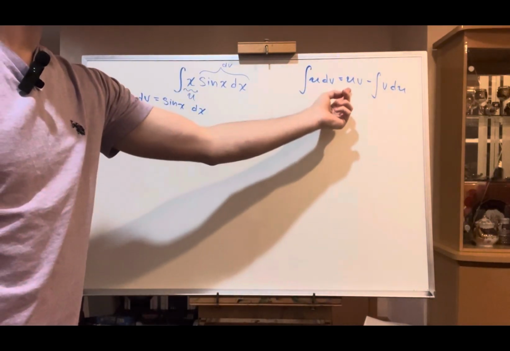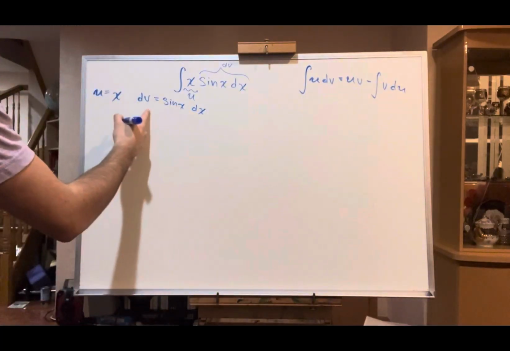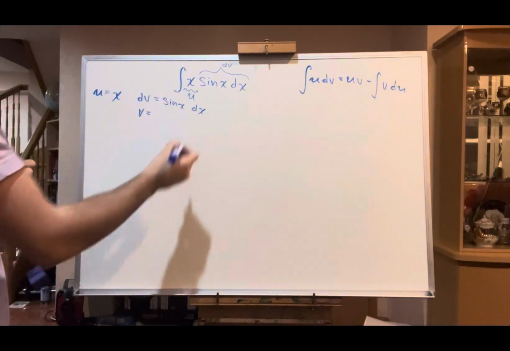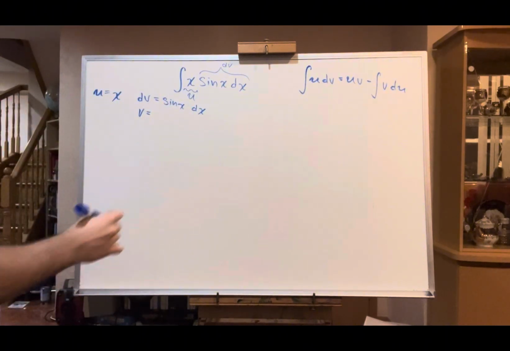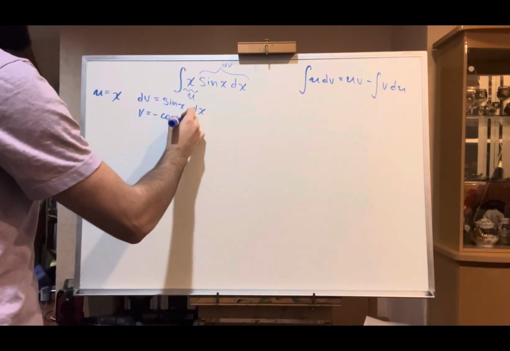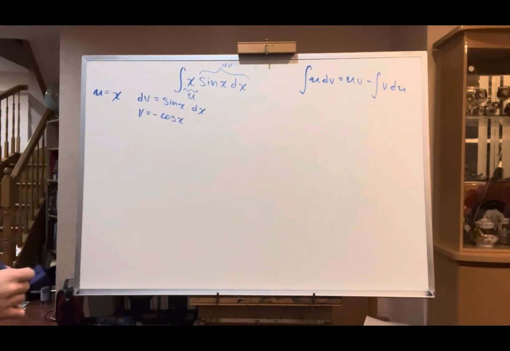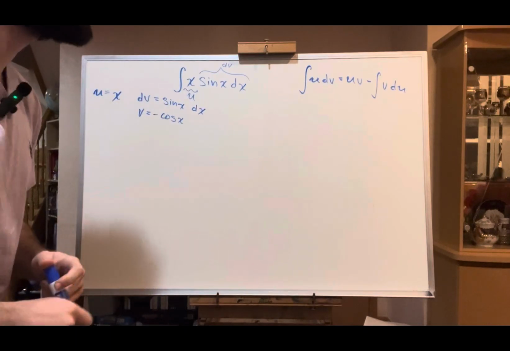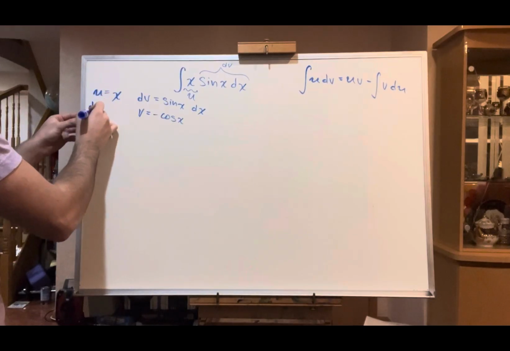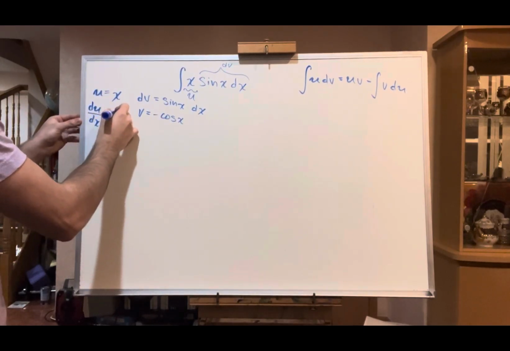Okay, we know u. Let's find v. We could integrate both sides and find that v equals the integral of sine of x dx. The integral of sine of x dx is negative cosine of x, right? And so now we have u, and now we have v, and we also need to figure out what du is. Well, if we differentiate u with respect to x, that's just 1, right?